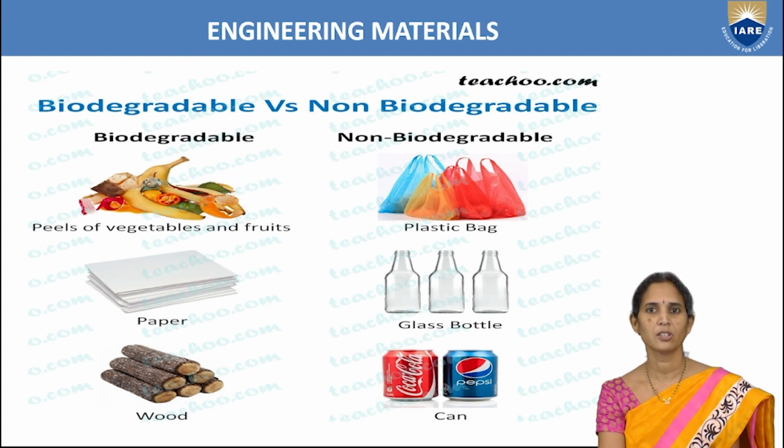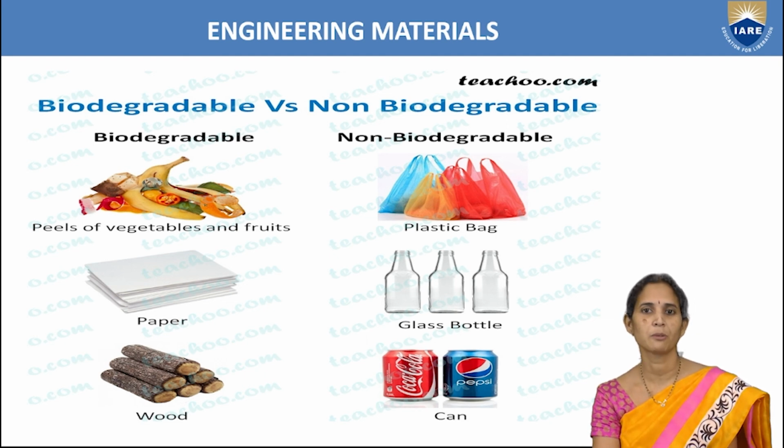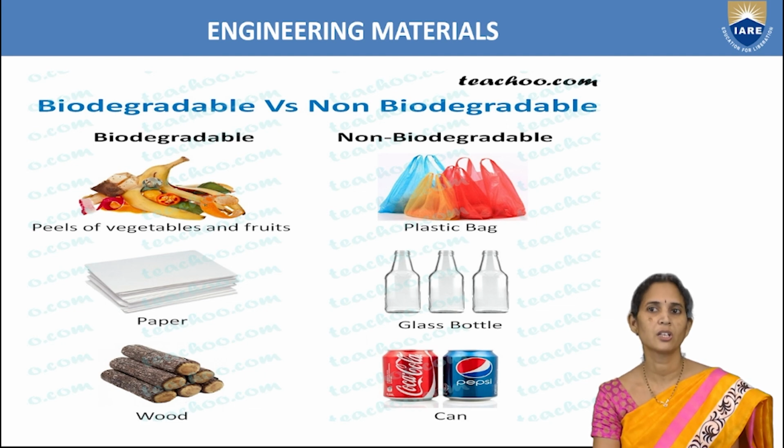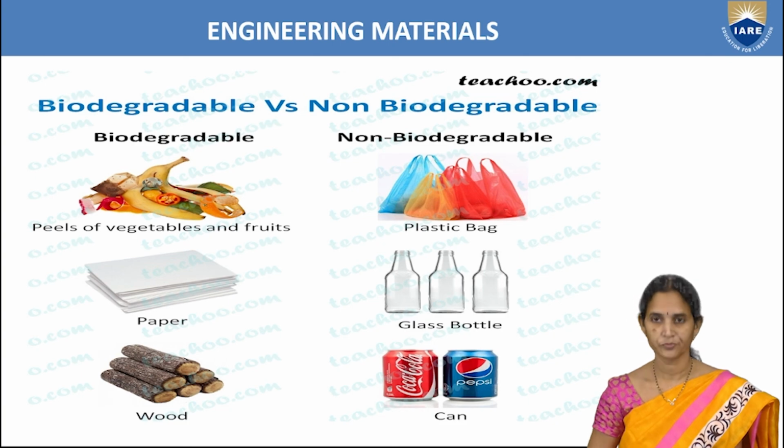Some are biodegradable, for example food waste, paper, wood. Some are non-biodegradable, plastic bag, glass bottle and can. So these non-biodegradable items we should not use more, means we have to avoid them. We have to avoid using plastic bags, glass bottles or cans, and in their place we can use things which are biodegradable. Thank you.